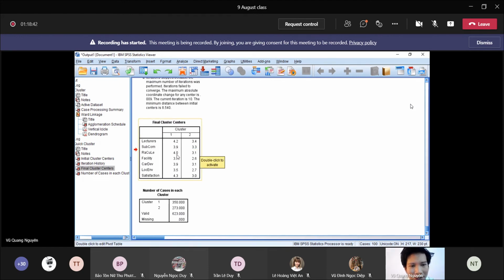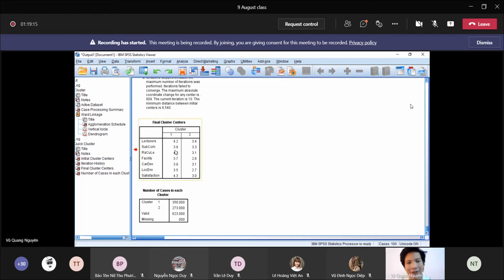Rationality of curriculum length 4.0, 3.7, 3.9, 3.5, and 4.3. All of the perceptions and the satisfaction in cluster 1 are higher than all of the perceptions and satisfaction in cluster 2. You can see that, yeah. 4.2 compared to 3.4, 3.9 compared to 3.3, and so on.